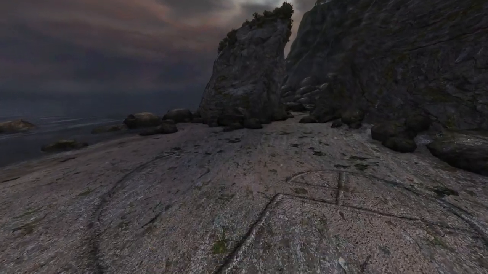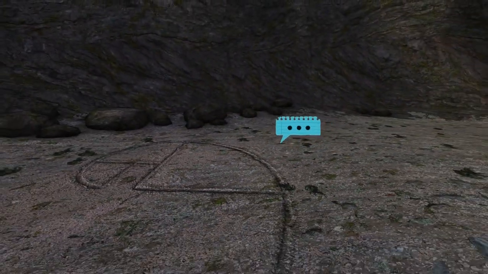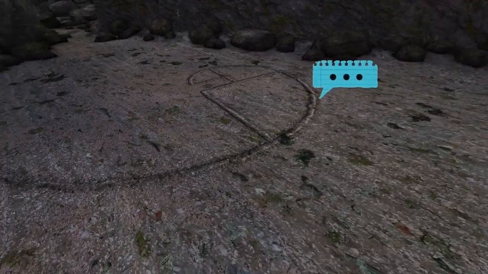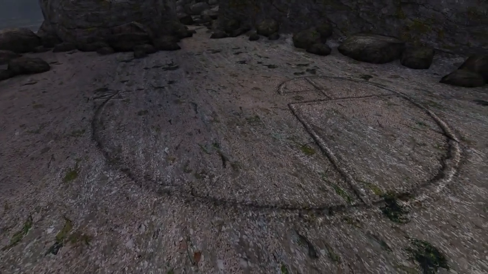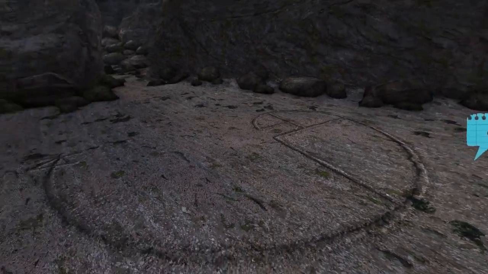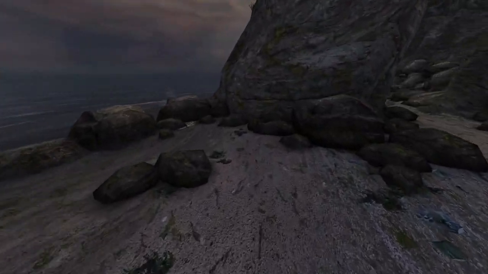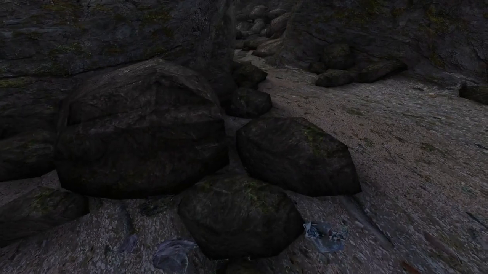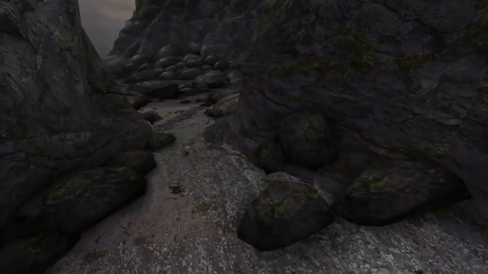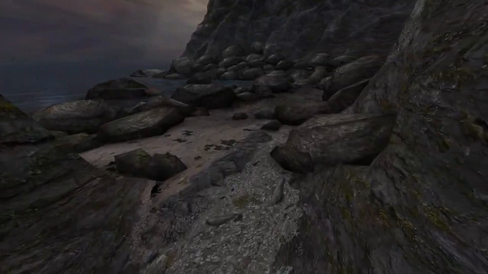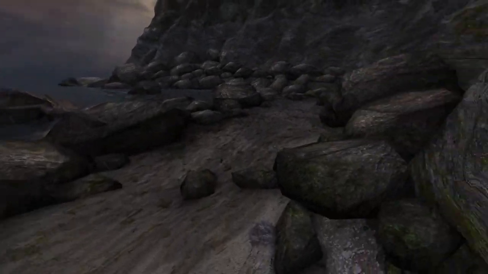And this symbol on the beach, which is the golden ratio, is one of the only things explicitly left from the mod. In the original mod, there were an awful lot more symbols and a much more mystical, magical element to the island. There was a lot of very weird stuff in there.